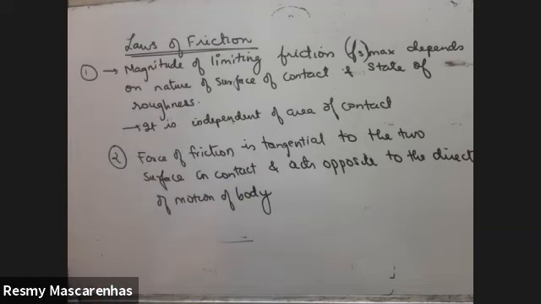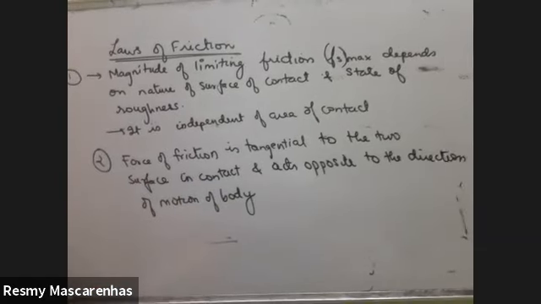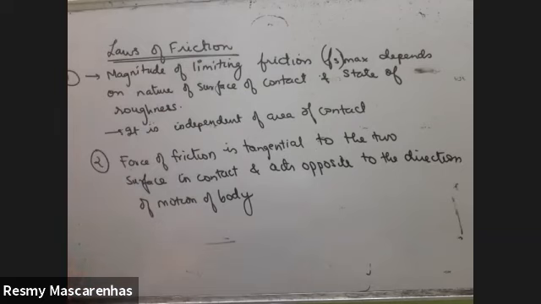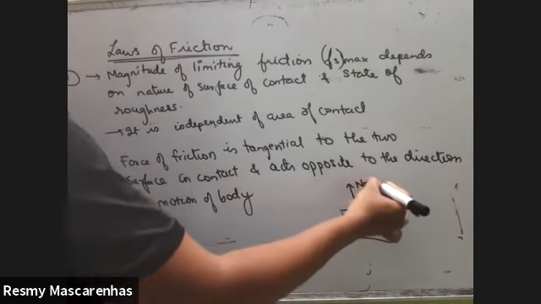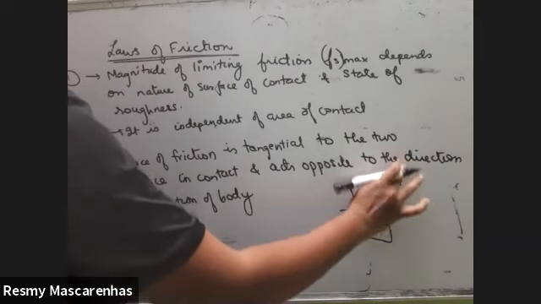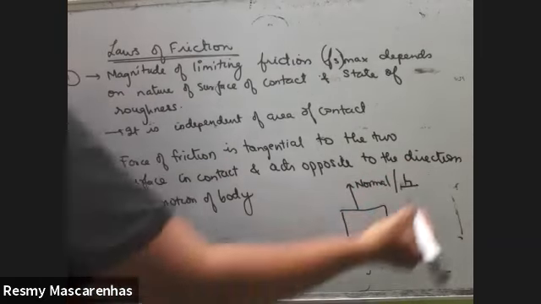Tangential means what? There are two things. This is called the tangent, and normal means perpendicular or vertical.